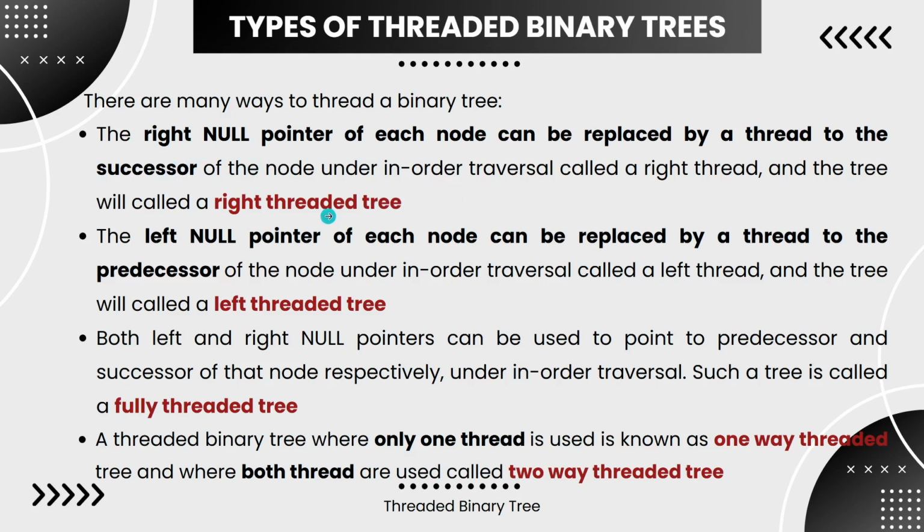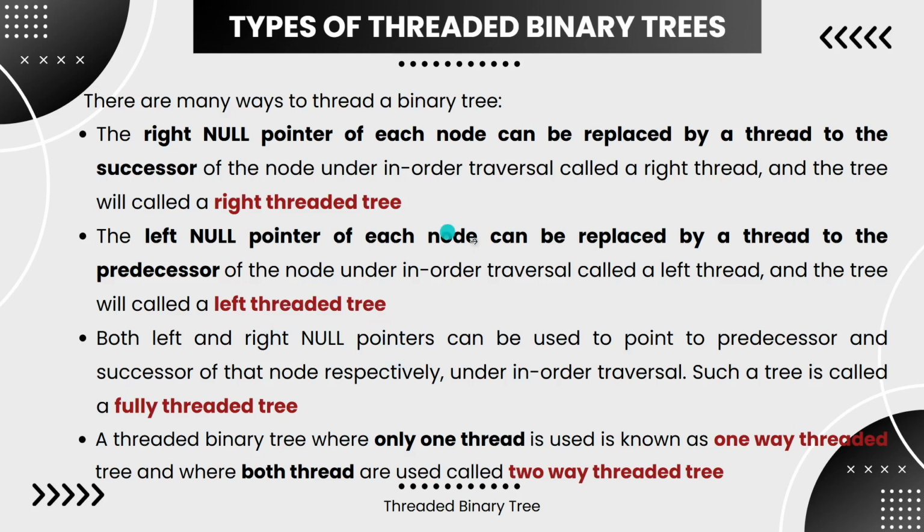And so, the tree gets the name right threaded tree. Alternatively, we can make use of the node's left pointer if it is null. That can be replaced by a thread to the predecessor, and that is what we mean by a left threaded tree.